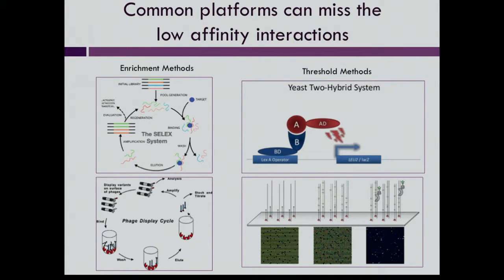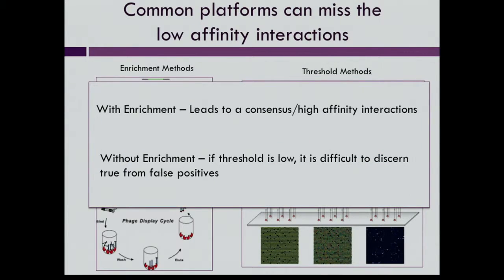If you set that threshold very low, it can be difficult to discern what is a functional and a non-functional interaction. So just to sum that up, if we're using a technique that enriches for something, we are leading towards high affinity interactions. If you're using a technique that sets a threshold, it can be hard to discern functional from non-functional interactions.